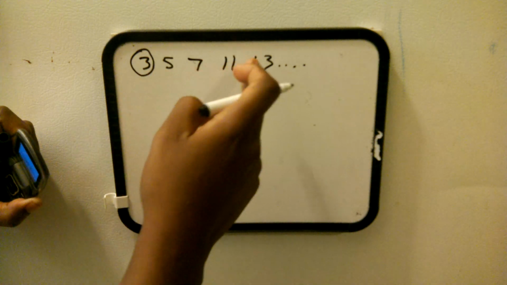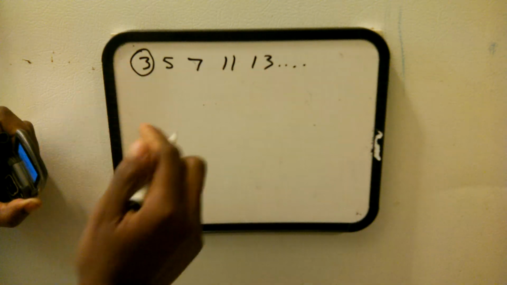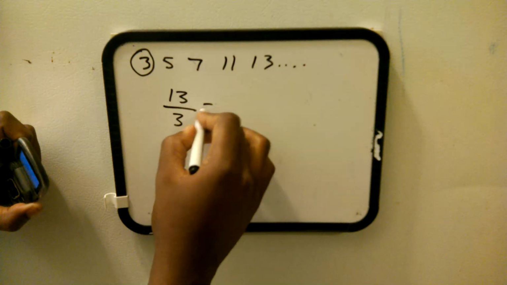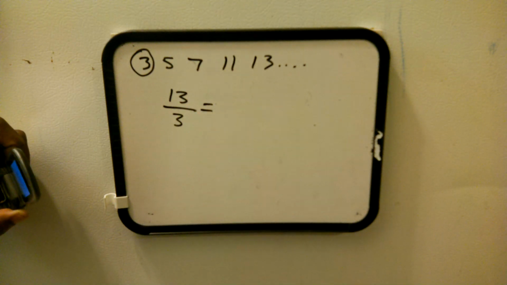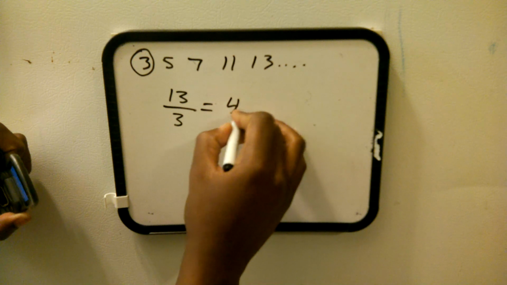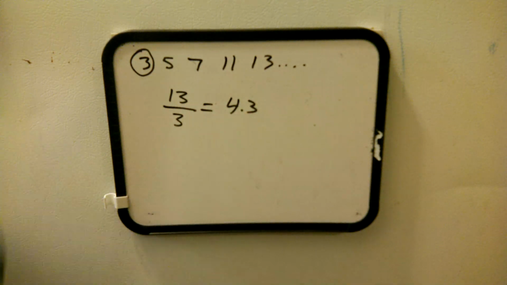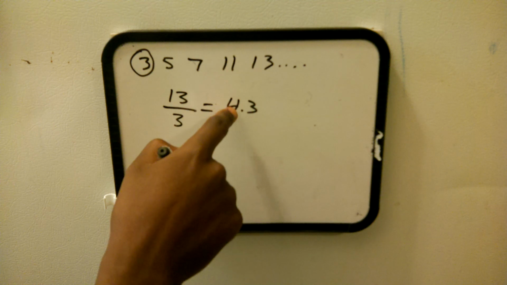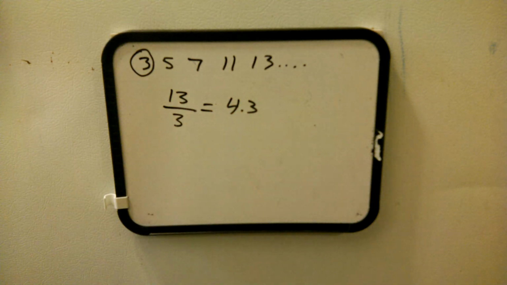You take 13 and you divide it by 3. 13 divided by 3 equals 4.3. Okay? Once you find out 4.3, then guess what? You round this number to the nearest odd number. Now remember what your odd numbers are.